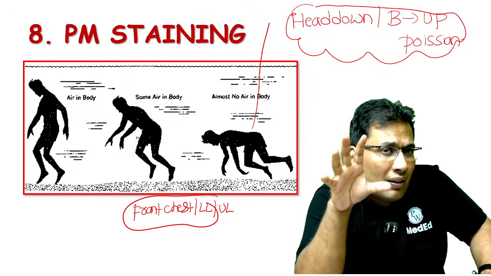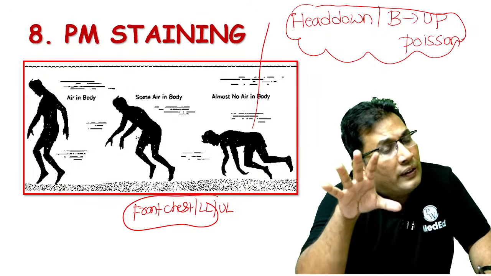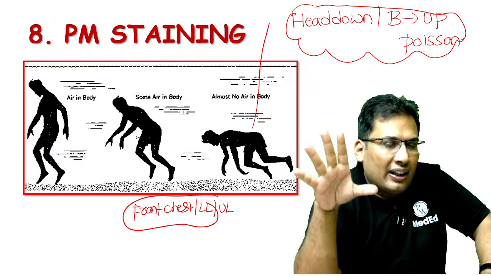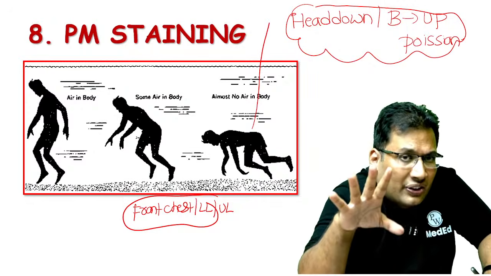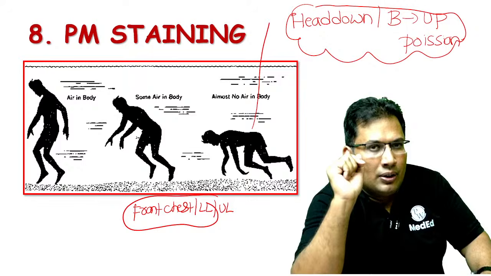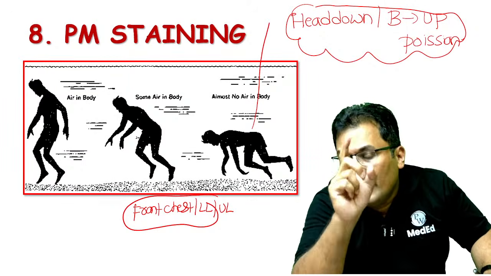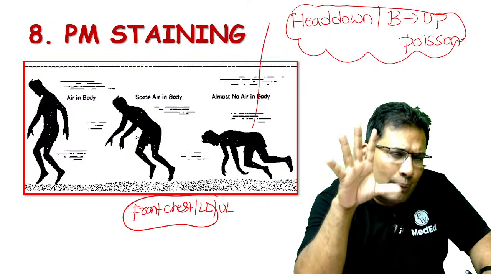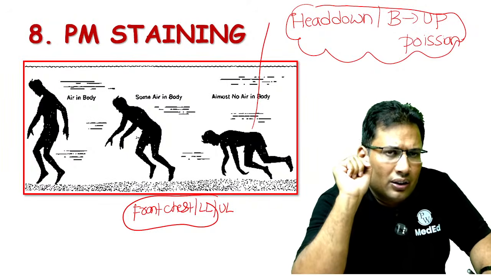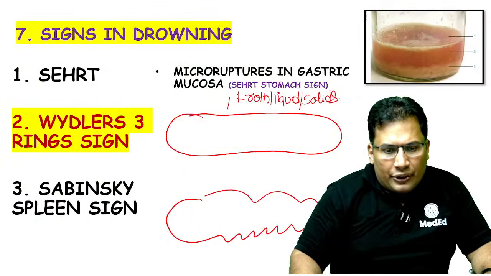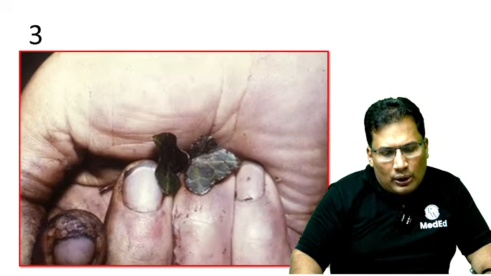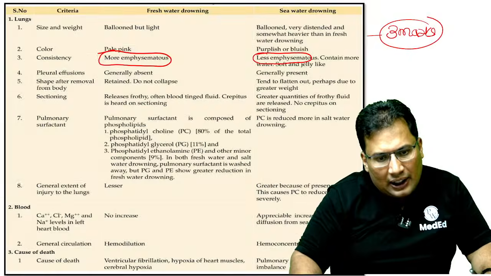So the opinion of manner depends on the collective findings. Not only postmortem analysis but also crime scene visit, psychological autopsy, presence of depression, presence of injuries on the body. So everything matters in a case of drowning. Okay, so this completes your drowning. I hope you understood all the features of drowning, guys.